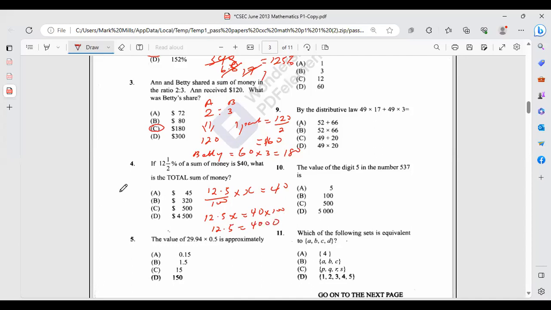So X will be equal to 4,000 divided by 2.5.